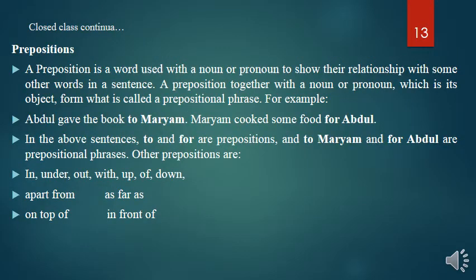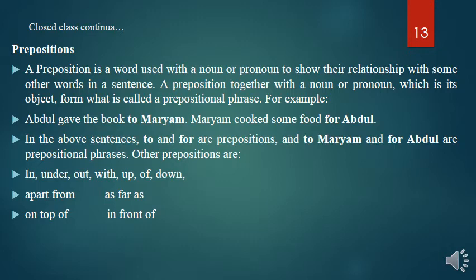A preposition is a word used with a noun or pronoun to show their relationship with some other words in a sentence. A preposition together with a noun or a pronoun in object form is what is called a prepositional phrase. That is, a preposition is used to show the kind of relationship between a word and another word in a sentence.